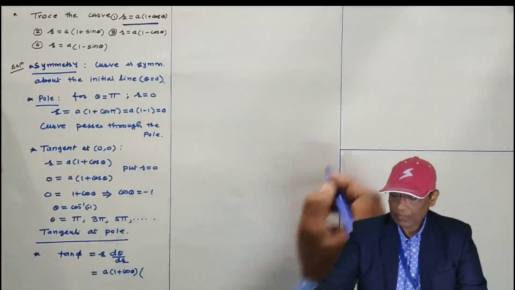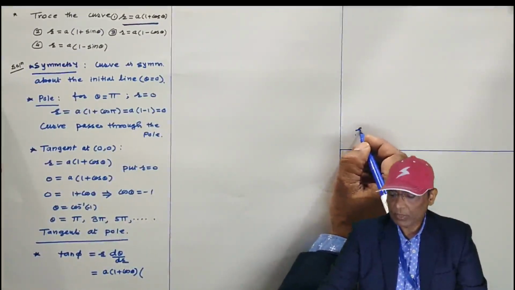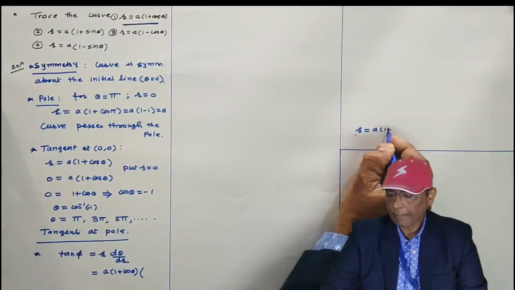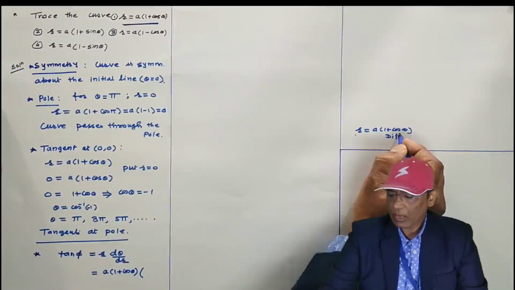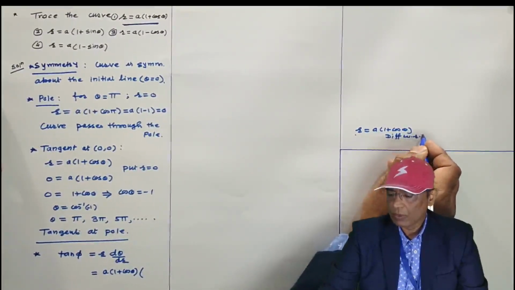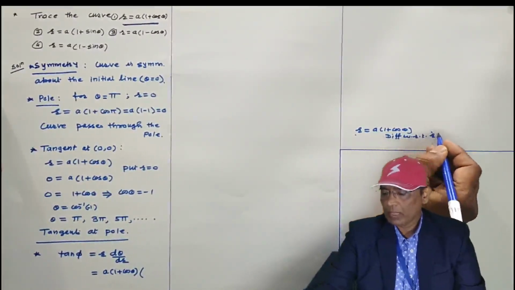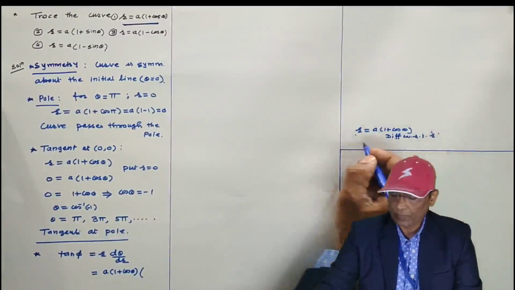What is the derivative? Here I find r = a(1 + cos theta) and differentiate with respect to r. You can differentiate with respect to theta also.